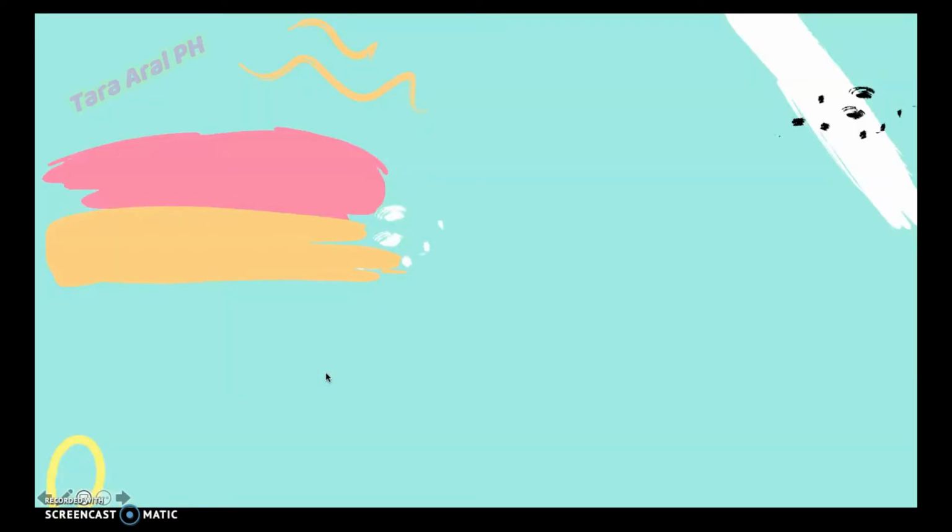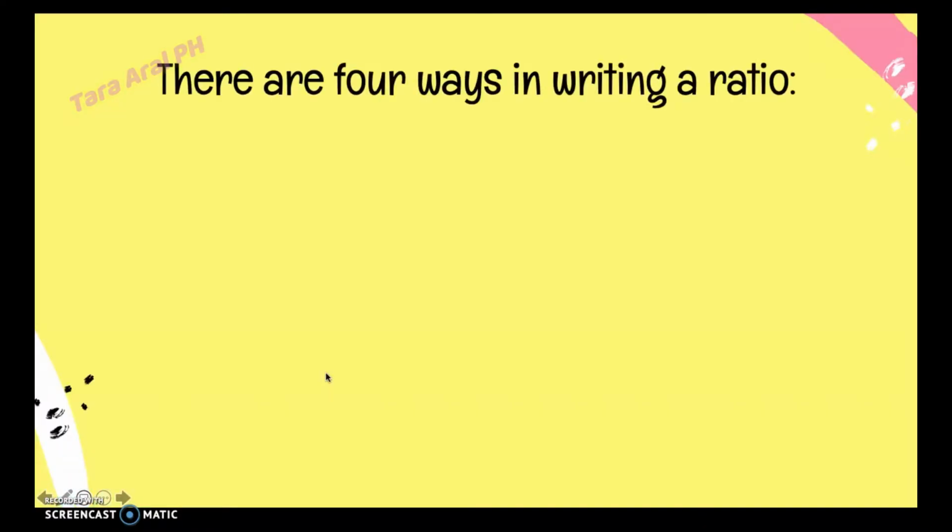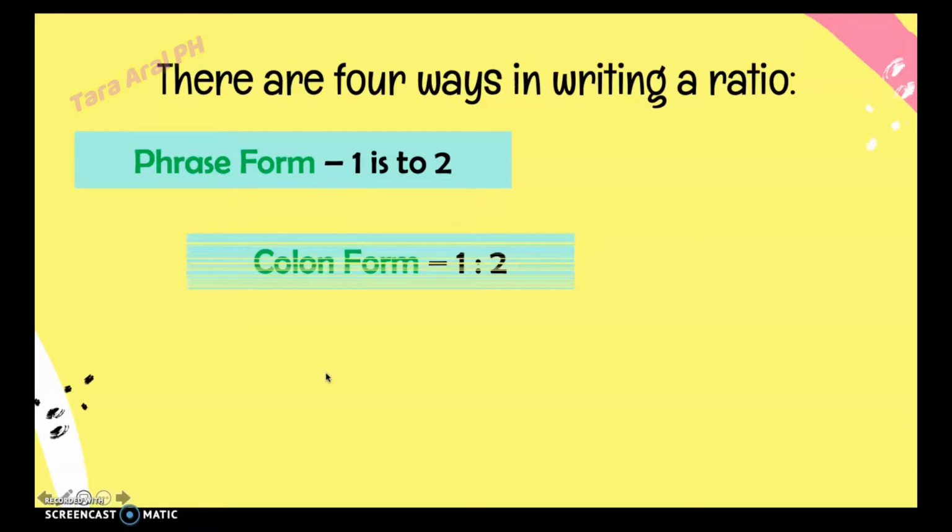Now let's define what is ratio. Ratio is a comparison between two or more quantities and shows how their values relate to each other. Now there are four ways of writing a ratio. It can be in phrase form, where you say 1 to 2. In colon form, we have 1:2.